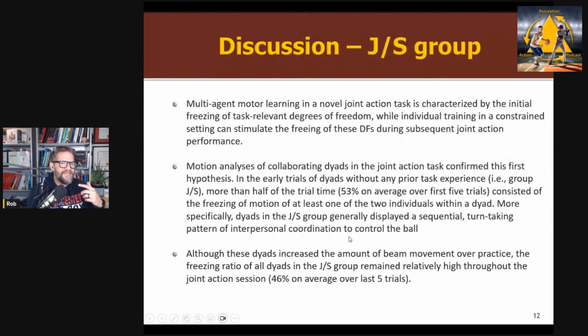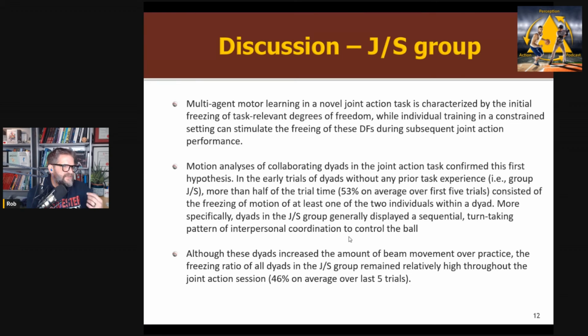Okay, so what does all this mean, right? What we're seeing is people learning to coordinate the system by coordinating degrees of freedom across two individuals, right? That's influenced by the training they got beforehand. So if we first look at the group that went from joint, so they performed the task jointly and then moved to solo, they didn't get the solo experience first.